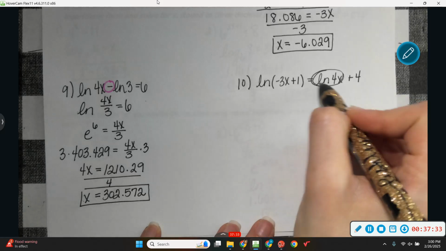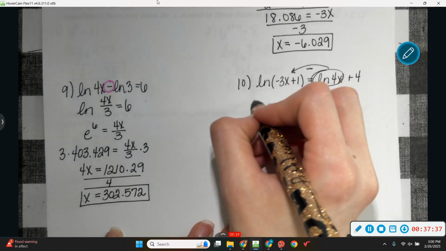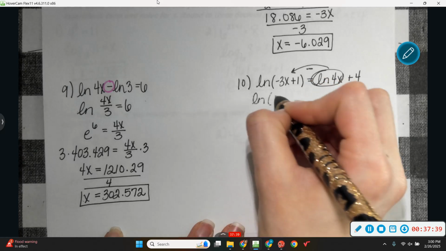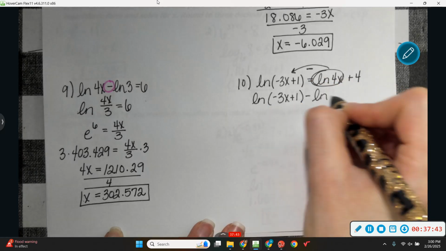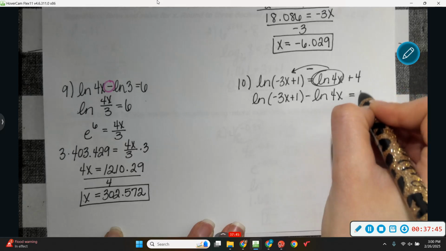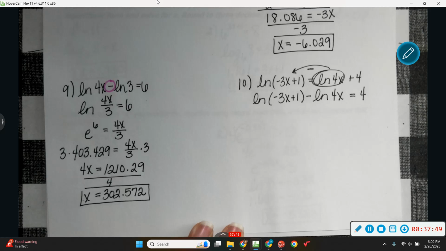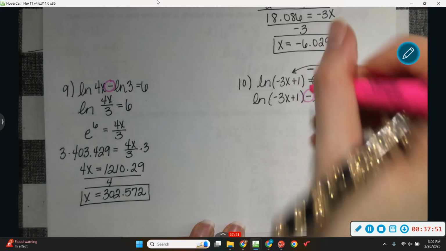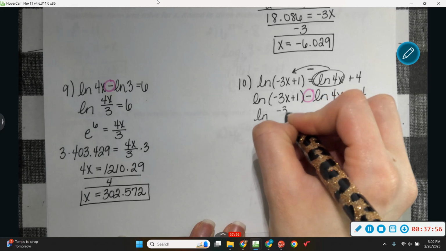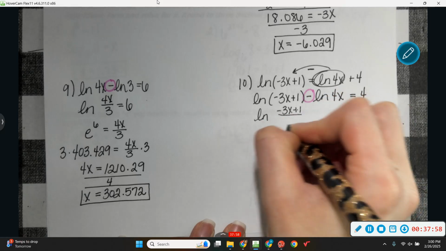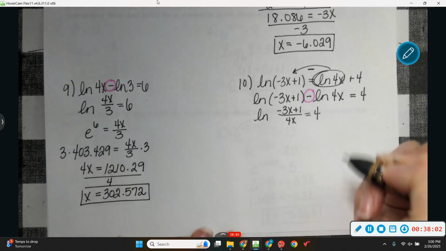So if I have two natural logs, that means I need to move it over. I'm going to subtract it. So I have natural log of negative 3x plus 1 minus natural log of 4x equal to your 4. Again, you have two logs you're trying to condense. Minus means you are dividing, so you're taking the natural log of negative 3x plus 1 divided by 4x, and that is equal to 4.